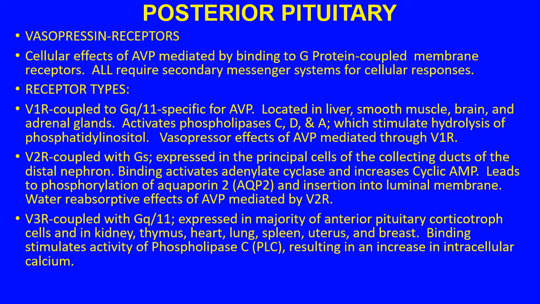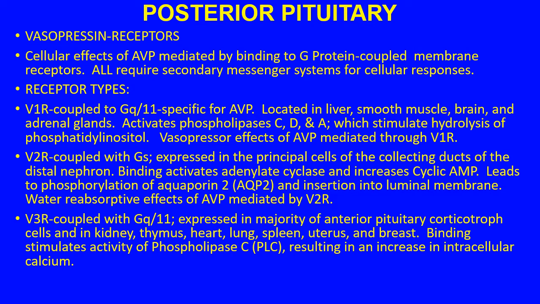Now, there are 3 primary receptors for vasopressin. The cellular effects of AVP are mediated by binding to G protein coupled membrane receptors. Now, all of these receptors require a secondary messenger system for cellular response. So let's go over the receptor types.